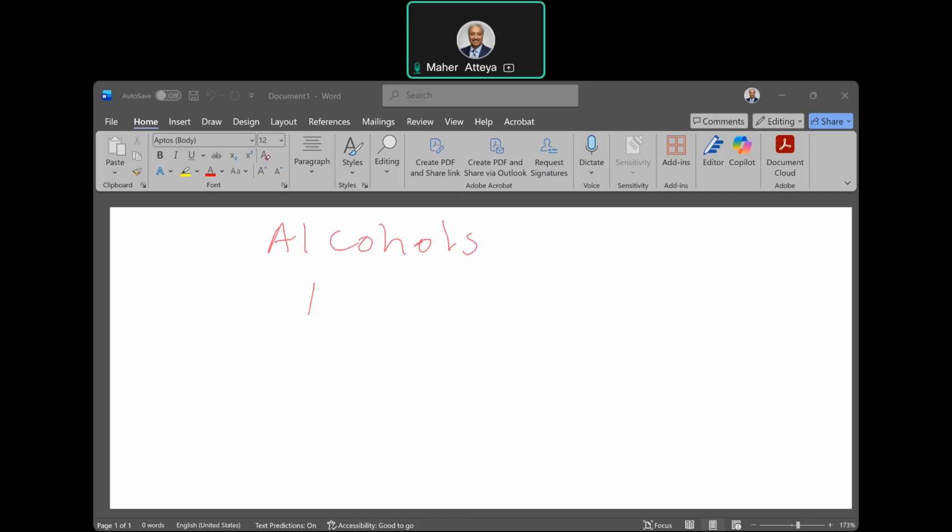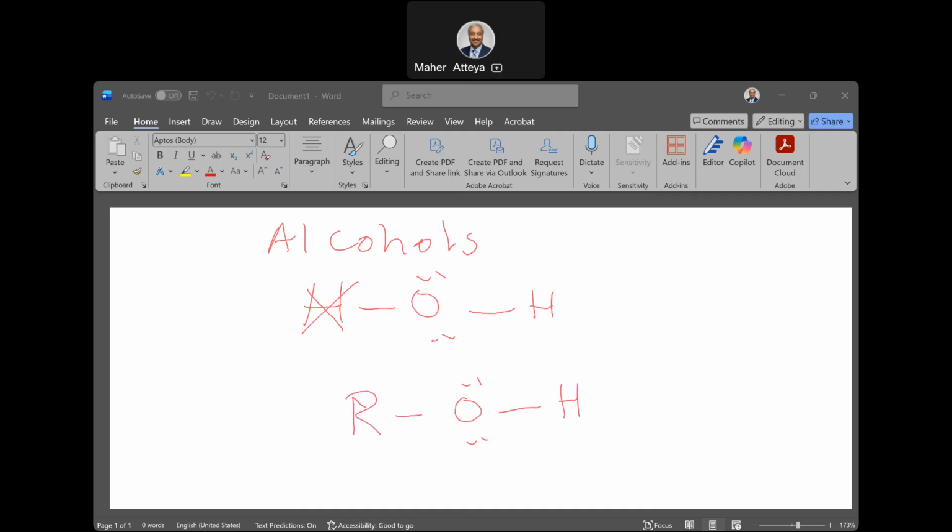If you look at H2O here, replace one hydrogen with the R, an organic group. So you get the alcohol. So the R, for example, can be anything. Stick the R here and add methyl. So the common name is methyl alcohol, correct? But that's not the IUPAC naming.